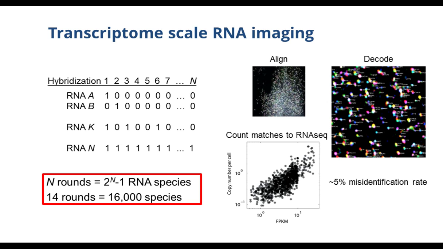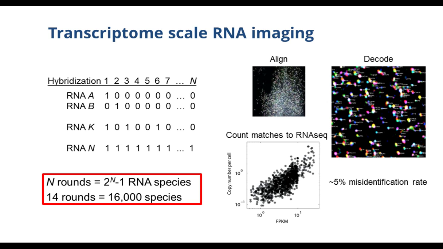The interesting thing about doing this sequential or serial hybridization is that the number of RNA species that we can probe actually scales very favorably with the number of hybridizations, right?